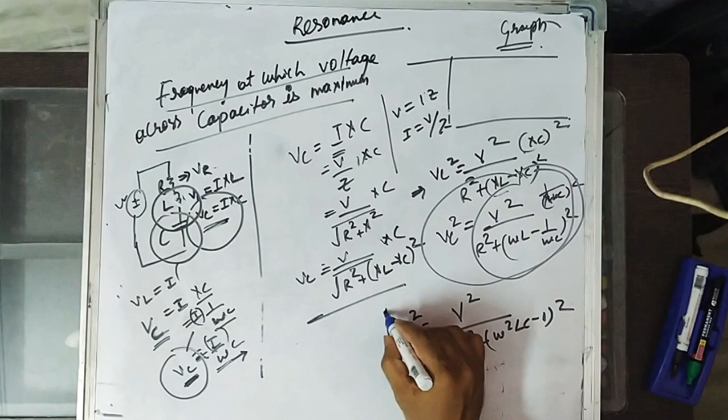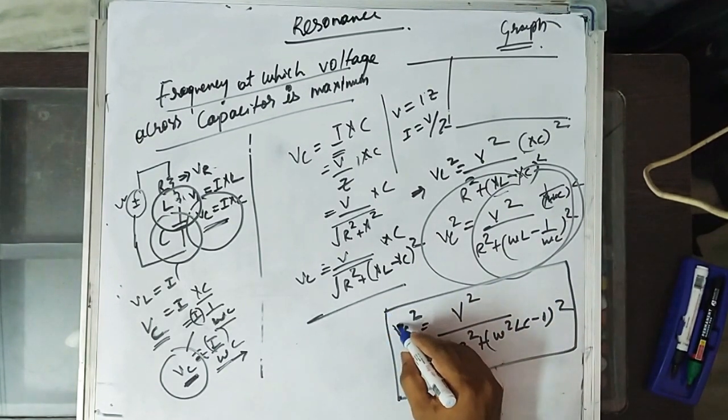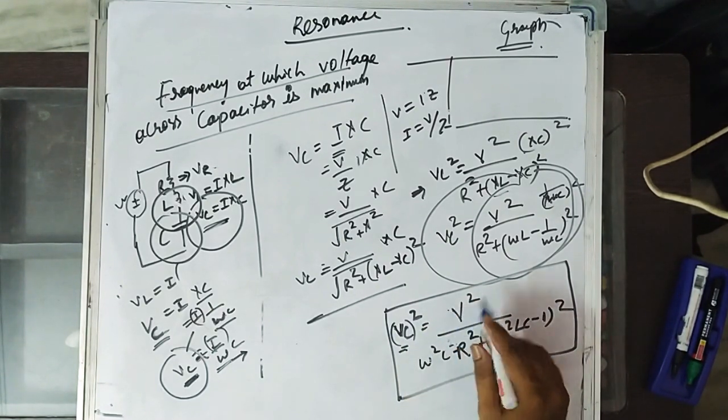So the square of the voltage across the capacitor equals this formula.